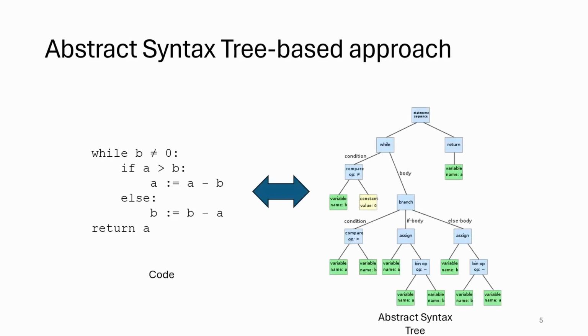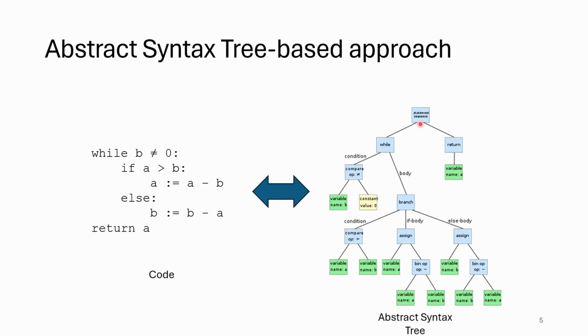Before we dive into the state-of-the-art approach, let's first discuss the concept of an abstract syntax tree. This abstract syntax tree is a tree-like representation of the code. Instead of text, it's a hierarchical structure that represents the relationships in the code, and it can be converted to and from code quite easily. On this slide, you can see a section of code that computes the greatest common divisor.